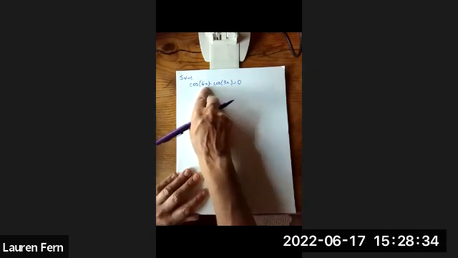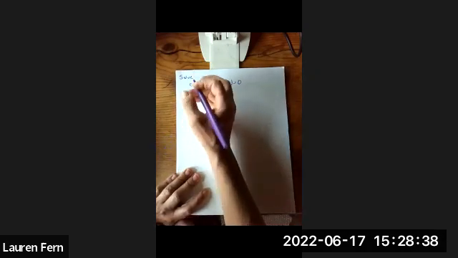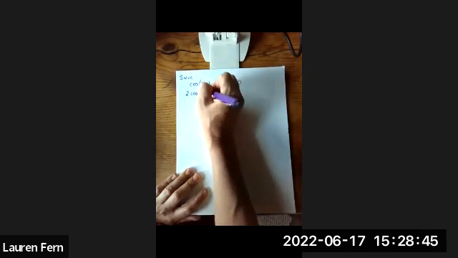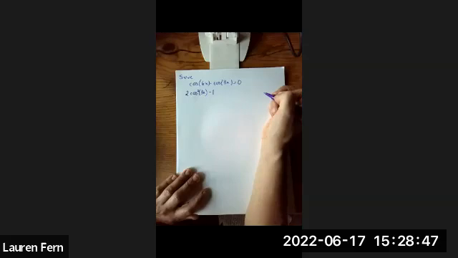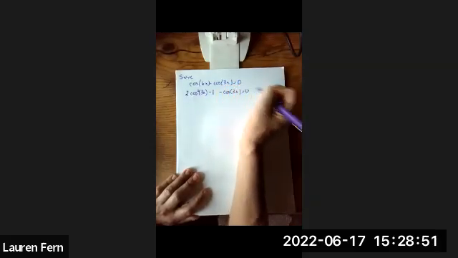So I'm going to say that the cosine of 6x using my double angle formula is 2 cosine squared of 3x minus 1. And then I have minus cosine of 3x.